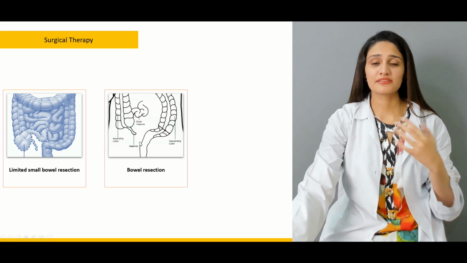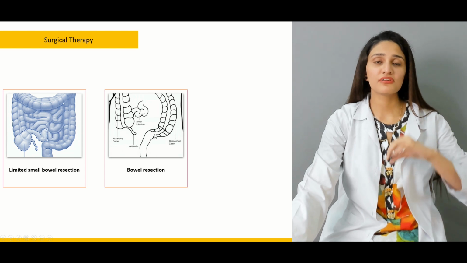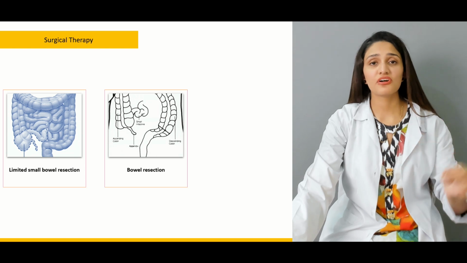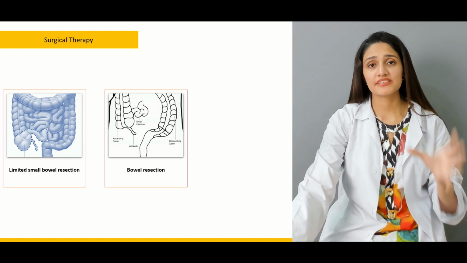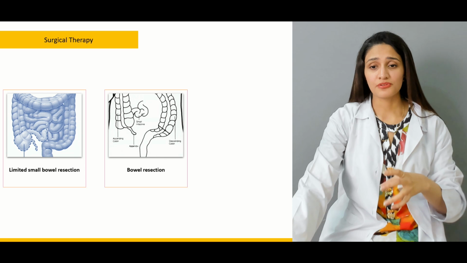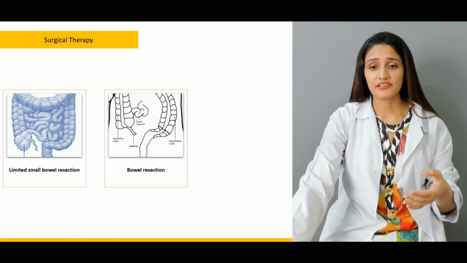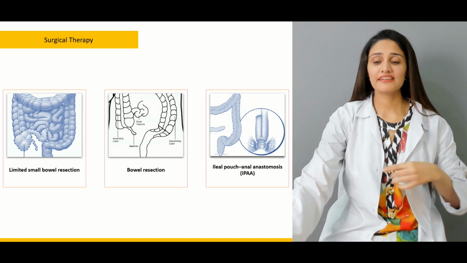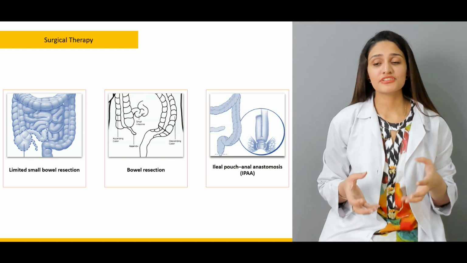Other than that, there is a complete bowel resection if the whole ileum is involved or the whole colon is involved. Then we're going to resect the whole part as a whole. This usually occurs in patients who are children. And lastly, there's the ileal pouch anal anastomosis.